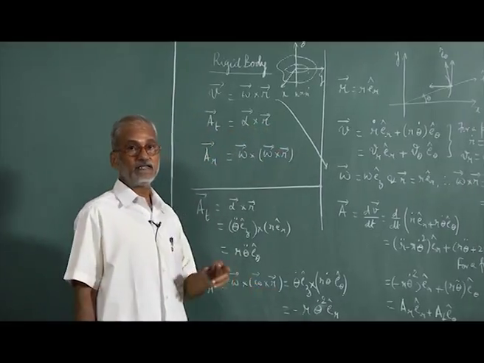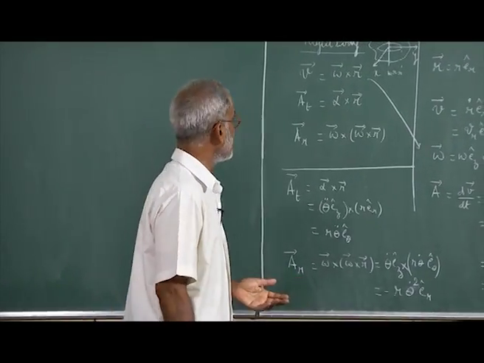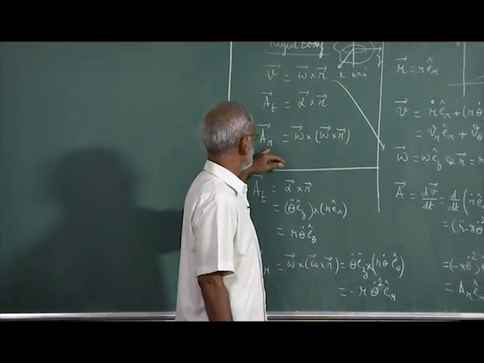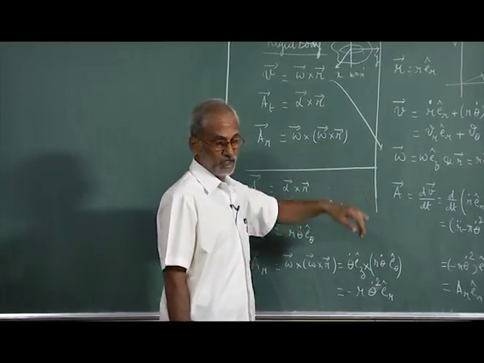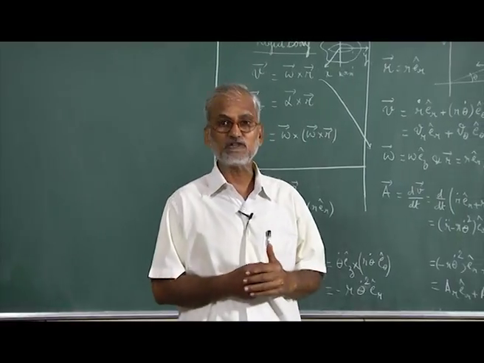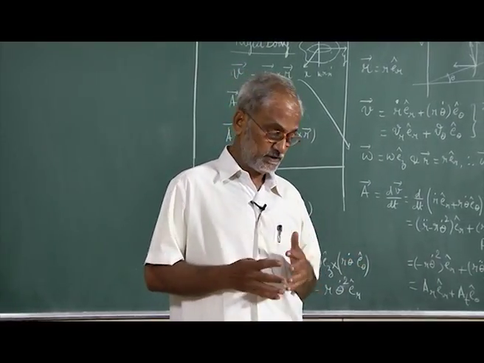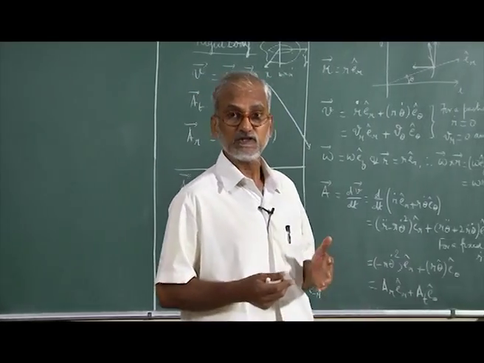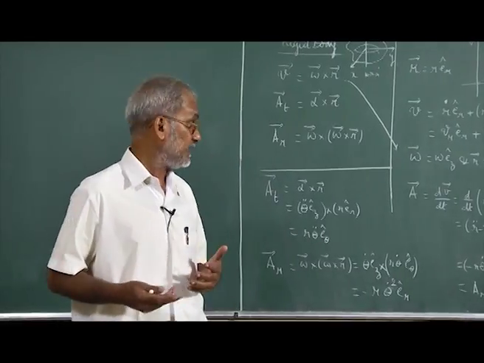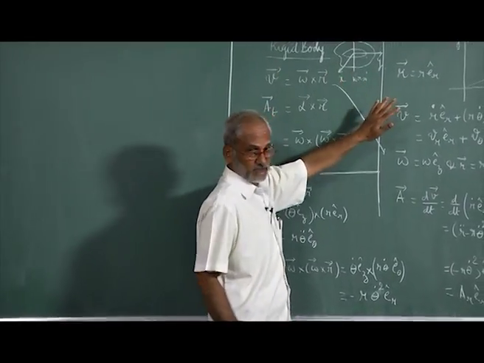What is alpha vector? It is the angular acceleration vector, d omega by dt, and then radial acceleration is omega cross omega cross r. We did not give very rigorous derivations of these, but we wrote them by some kind of analogy. And now these are the equations for rigid dynamics.